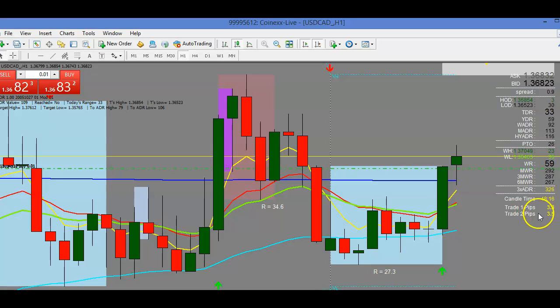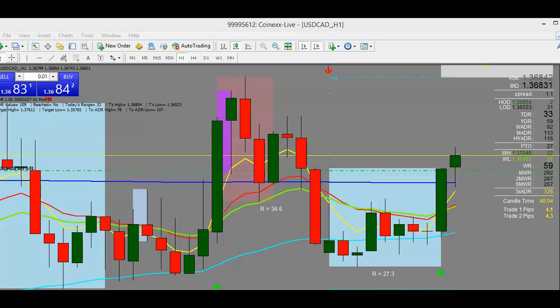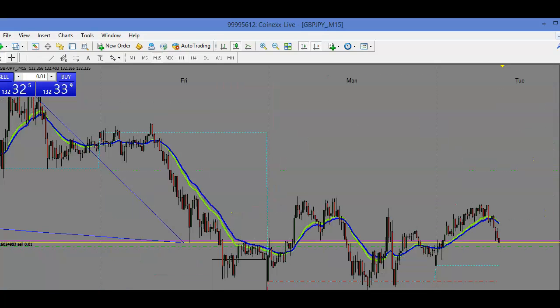We're waiting for our 20 pips. Let's see how I can get GJ. Yep.